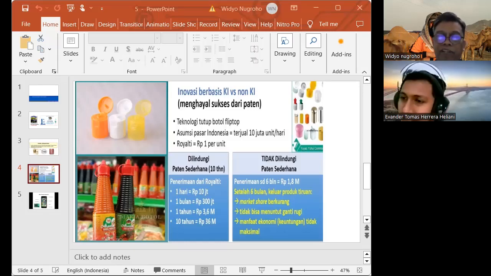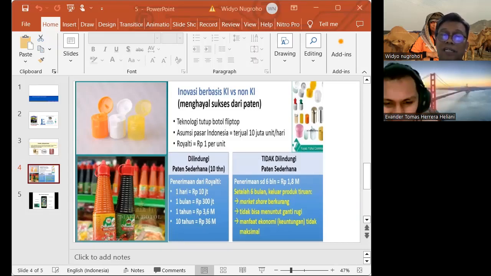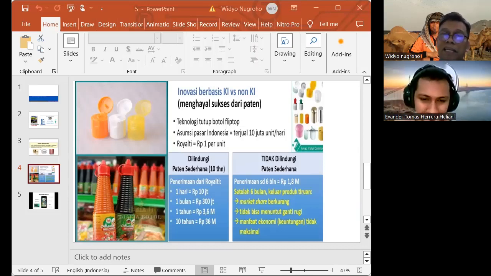If our invention is protected by a simple patent, the daily royalty income will be 10 million rupiah, a total of 300 million rupiah per month, and 3.6 billion rupiah per year. So over 10 years, we will earn 36 billion rupiah.